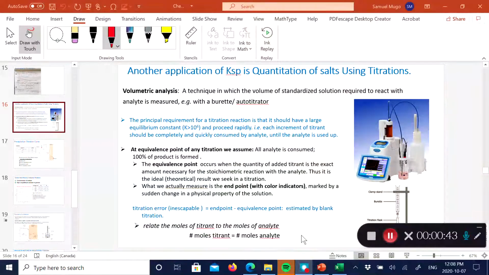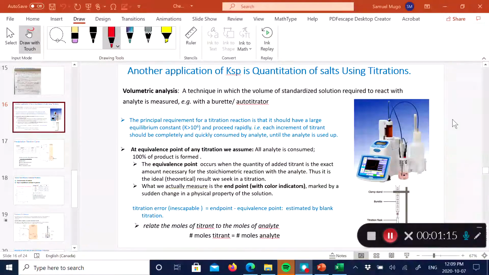And if the stoichiometric relationship is known between the reaction of the titrant, which is here, and the concentration is known, and the analyte that is present, then we can determine the concentration of the unknown. We normally use a burette, but lately, with advancement in instrumentation, burettes are falling out of favor.